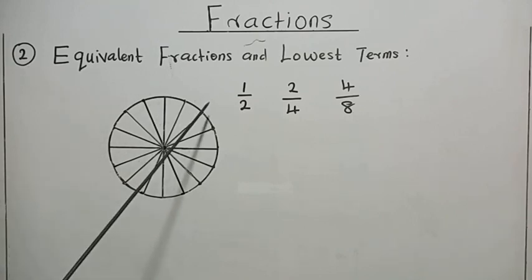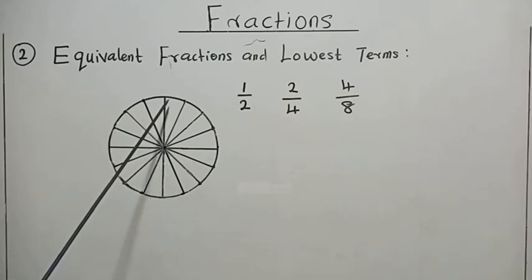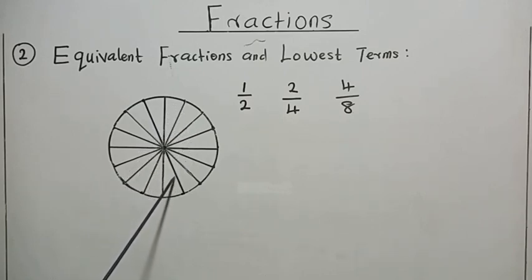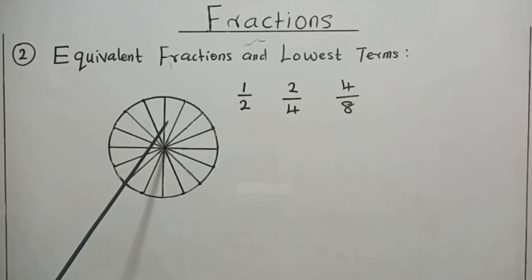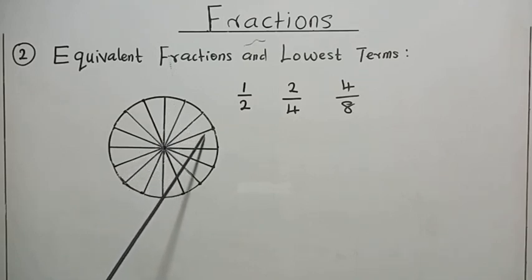Now that the circle has been broken into 16, how many portions now make up the original portion we have been keeping in mind? This entire portion, how many more smaller portions have been made out of it? Let's count. 1, 2, 3, 4, 5, 6, 7, 8.